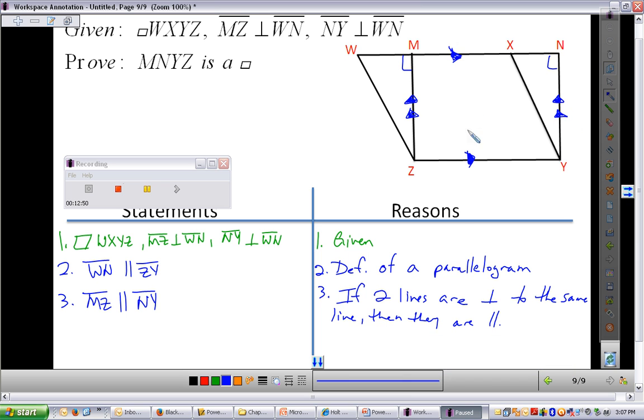So now I have the top and the bottom are parallel. I have the left and the right are parallel. One pair, two pairs. That allows me to prove that quadrilateral MNYZ is a parallelogram. And my reason is the definition and the theorem that we said earlier.